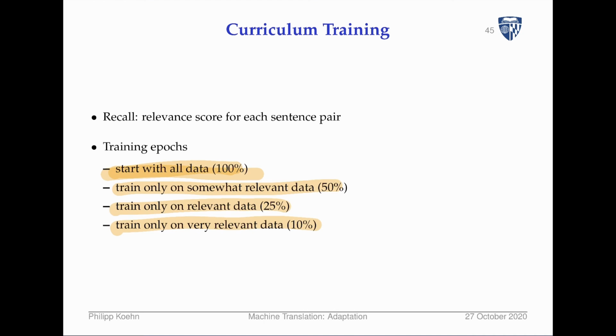So what should we adapt to? The answer is, why don't we adapt in stages? First have a model here, then a model here, and a model here, and then a model here. So you have 4 training stages, and then the question is, how long should we train on them? Should we train equal amounts or less amounts? This is called a curriculum. Just consider a school curriculum.